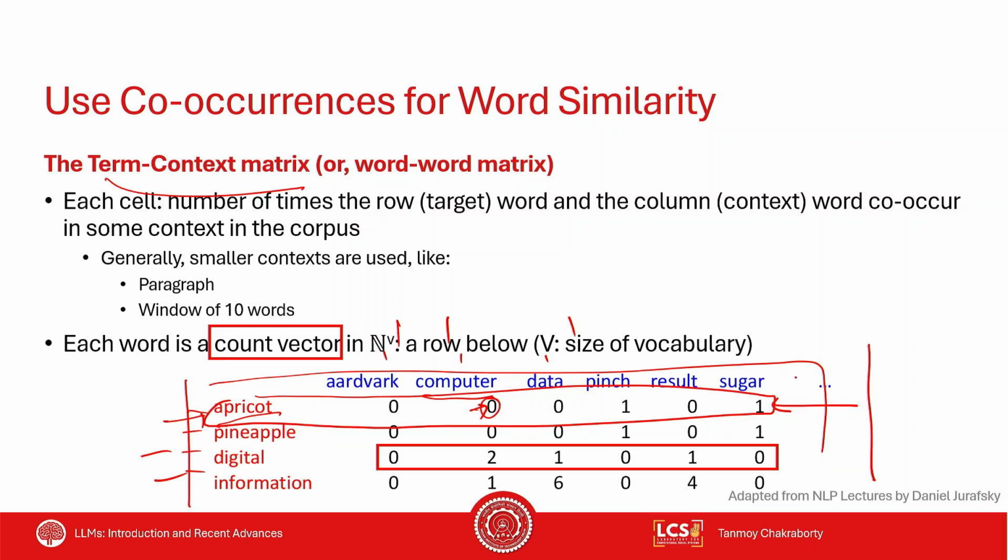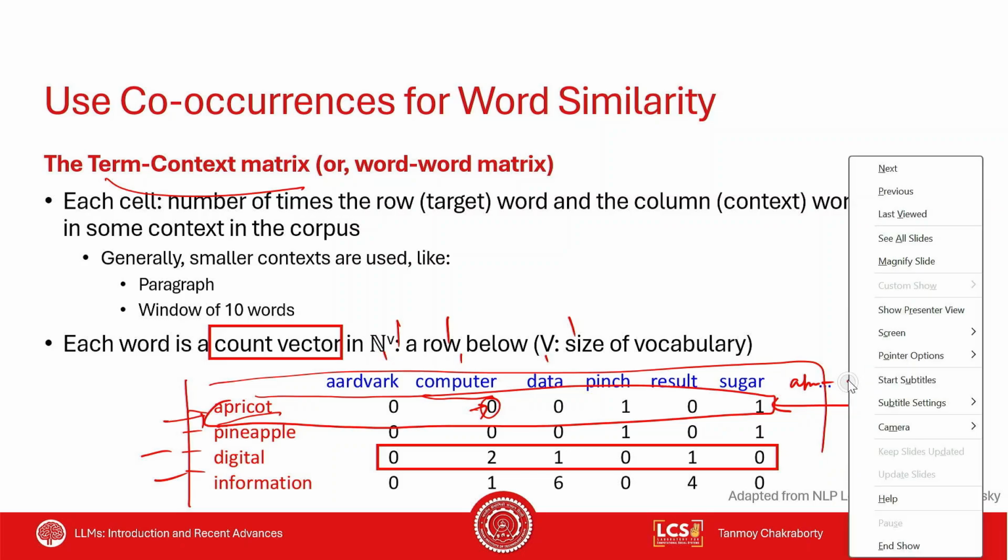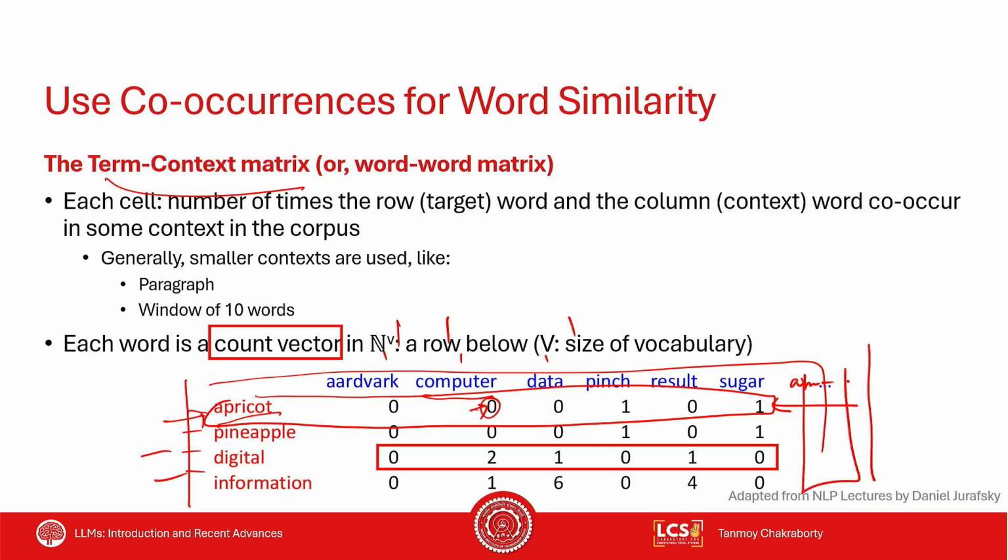Apricot will also appear in a column. Here also you will see an entry for apricot, and there will be a column corresponding to the word apricot. So that column can be treated as a context vector for the word apricot. So a row can be treated as a term vector for the word apricot, and a column can be treated as the context vector for the word apricot, right?